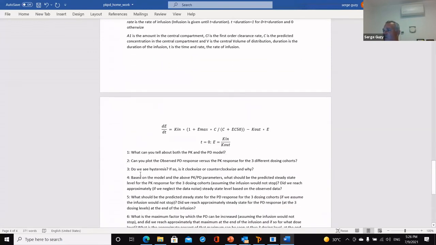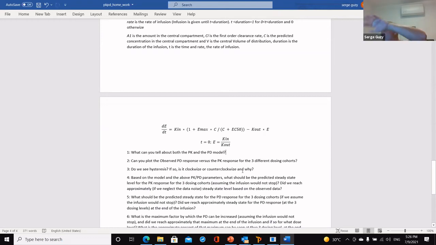And then I'm asking you, do we see hysteresis? And then remember that we talk about the indirect response model, and we learned about hysteresis. Because there's a delay between PK and PD, and I'm not going to tell you more than that. Then just you are going to plot the data. Do we see hysteresis or not? If so, is it clockwise or counterclockwise, and why?